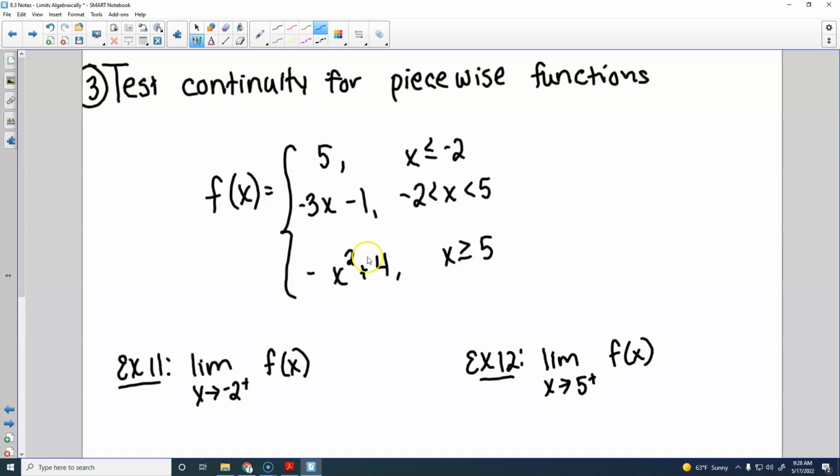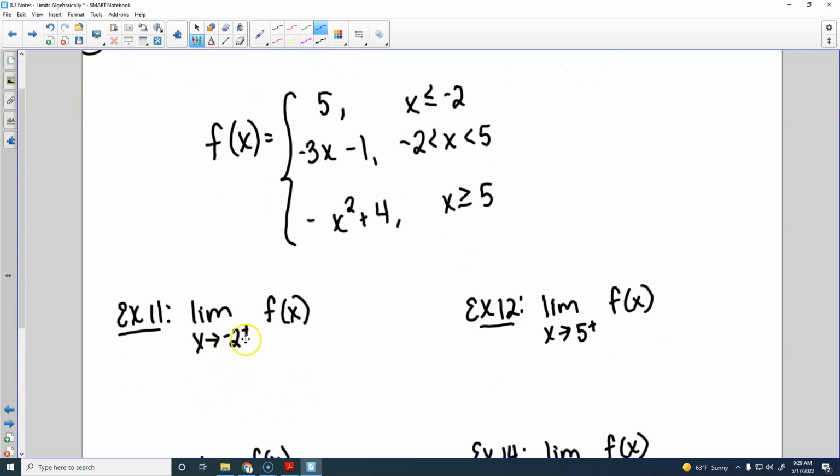So if I am going to find the limit as x approaches -2 from the right of f of x. From the right, if I'm looking at the graph, from the right-hand side would be this side. -2 is the point where these two functions come together, right?